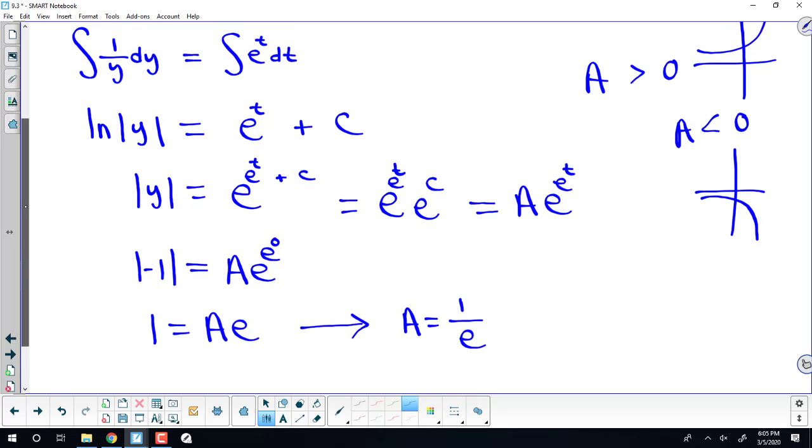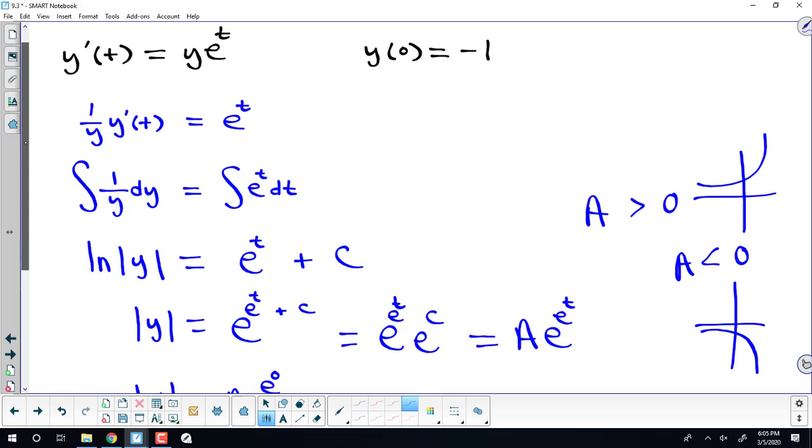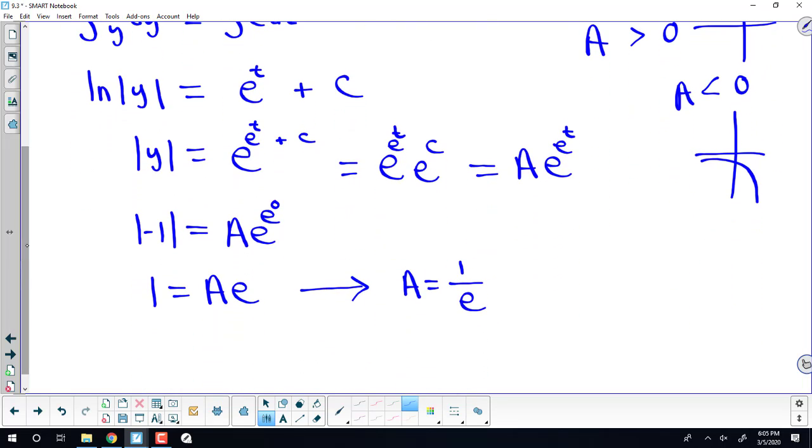But since the initial condition is describing the y value being negative, when we put this a just based off of this discussion here, or this note here, if we have our a being positive as we solve for it, then our exponential isn't going to be negative like it should be for the initial condition, right? So you just have to recognize that and make a negative.